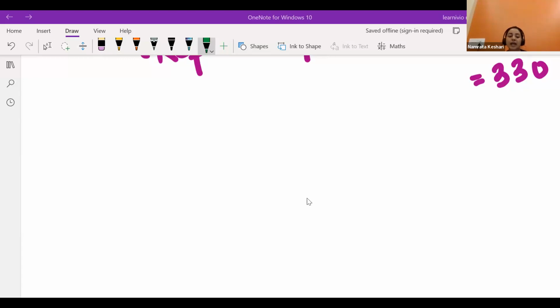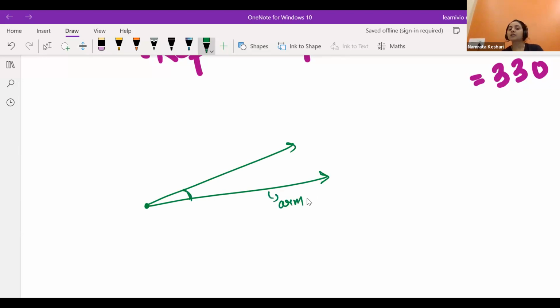Whenever we make an angle, we need two arms. One ray like this and another ray like this. We use two rays. Both rays join together to make an angle. This is called an arm.